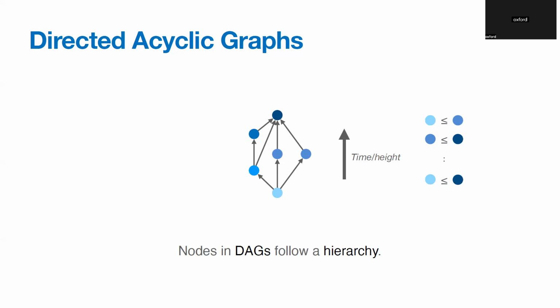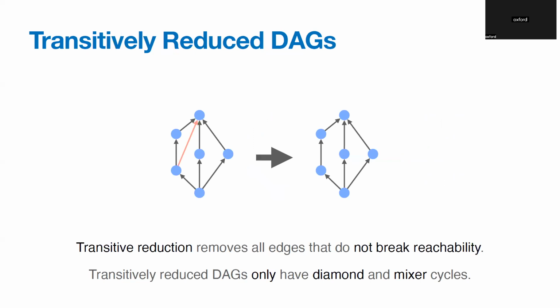And what we then considered was this idea of transitive reduction, which is another tool that we can use to try to capture the minimal cyclic information that you have in the graph.